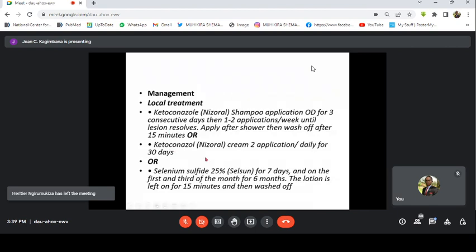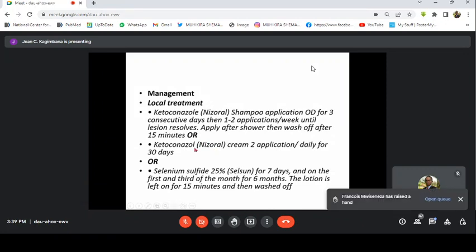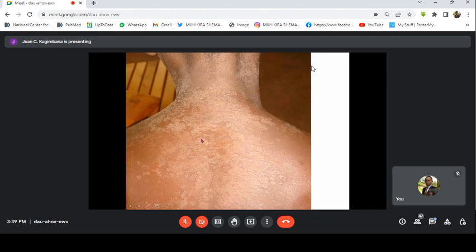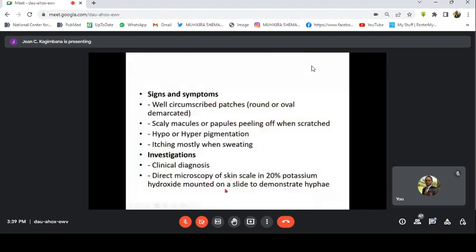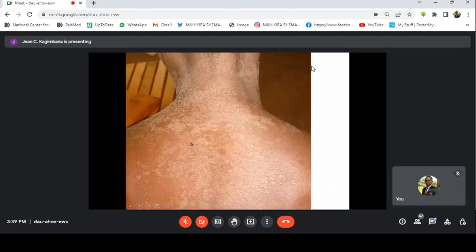From what I heard, it is contagious. Who says not contagious? In the slide, not contagious because it's a part of normal skin flora. Okay? It's not contagious. Okay?